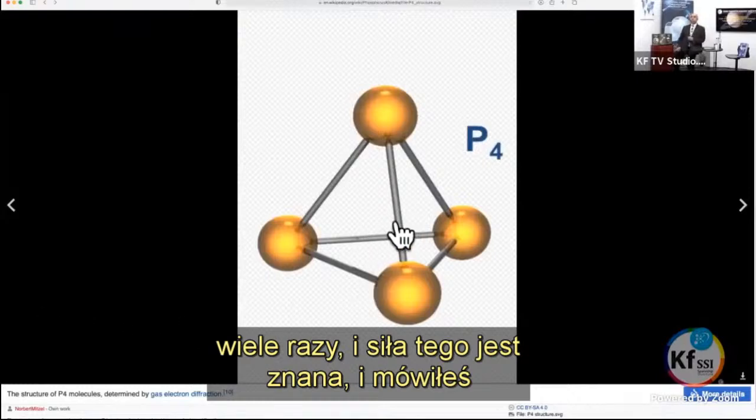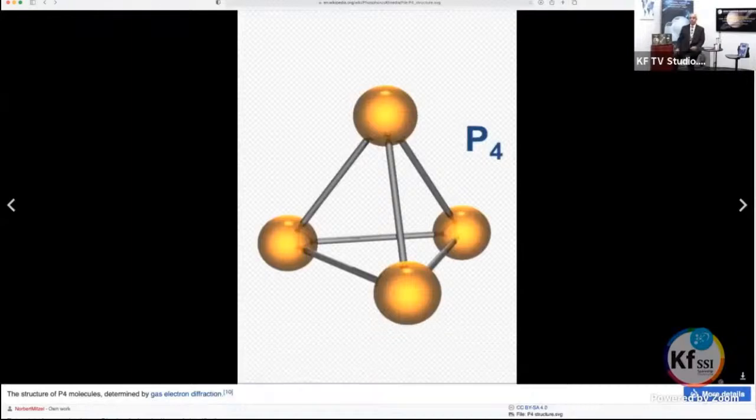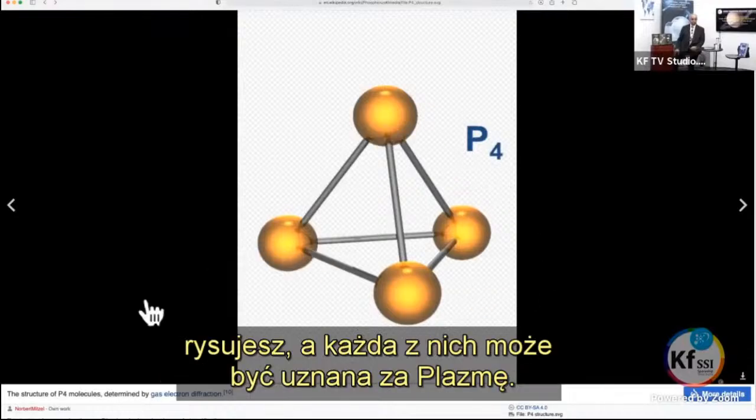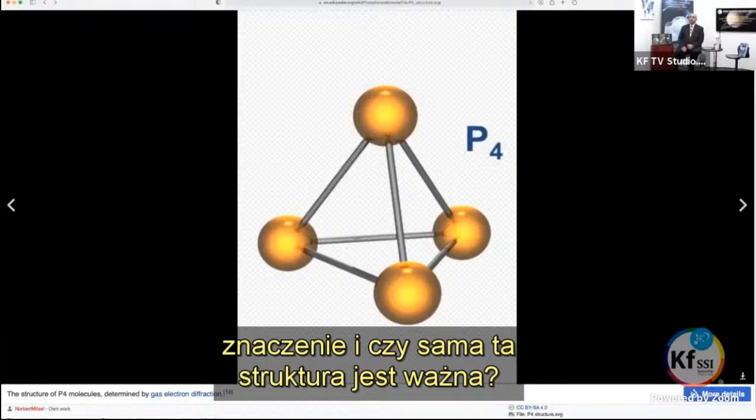And you talked about the free plasma in the center of this configuration. We have 4 golden balls in a way, like the plasma that you were drawing the picture of. Each one of these could be considered a plasma. Could you just comment on phosphorus and its importance, and is this structure itself important?